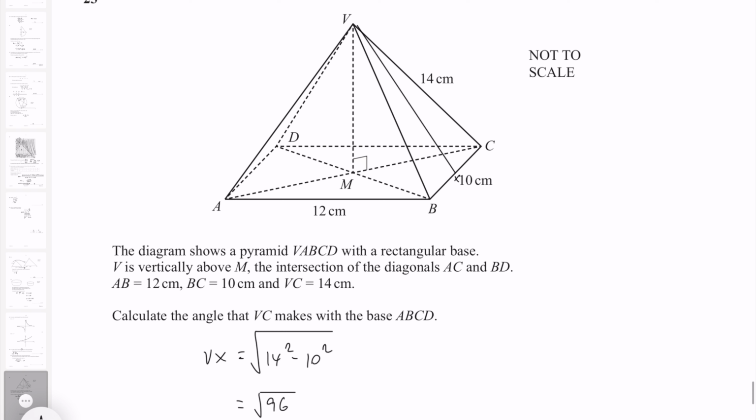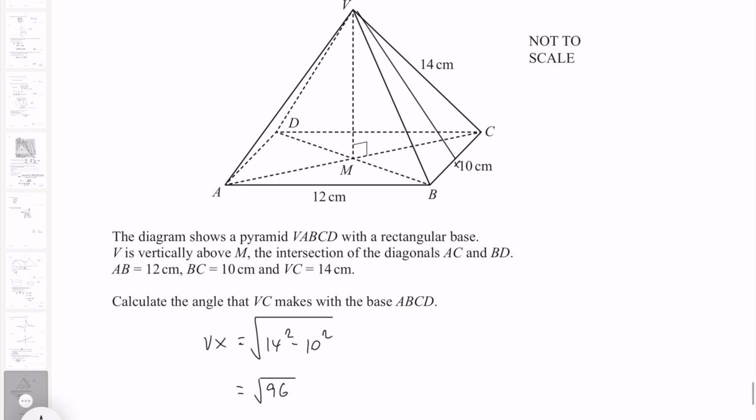So that's Vx, which will give me the height of the pyramid. So to get Vm, I will just have to take Vx, which is square root, I'm just going to write the value in.